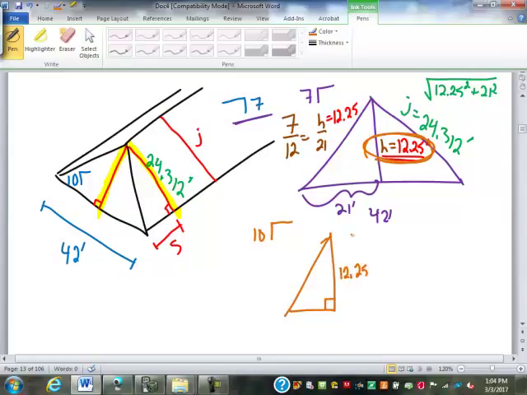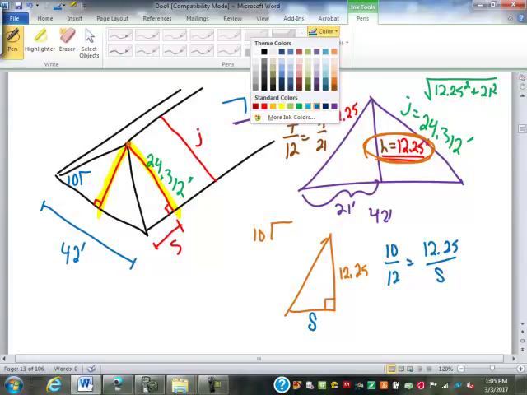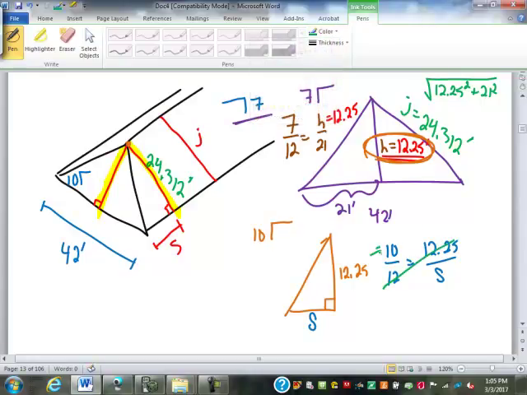The height has to be the same no matter what direction you're coming from, right? They both come at the same peak. That peak is 12.25 feet up. So yeah, this down here is going to equal the setback. 10 over 12 to 12.25 over S. If you cross multiply and divide there, you get that S is 14.7 feet.